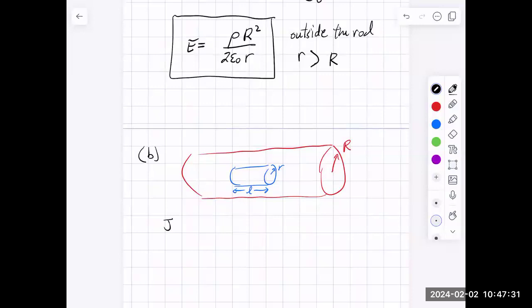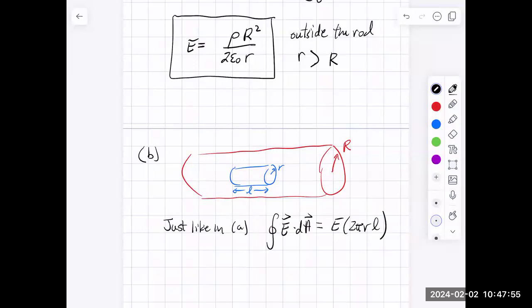So just like in part A, this integral is going to be exactly the same thing. The only difference is we've made little r smaller, but the calculation doesn't change at all.